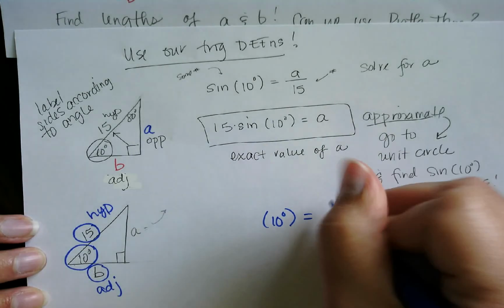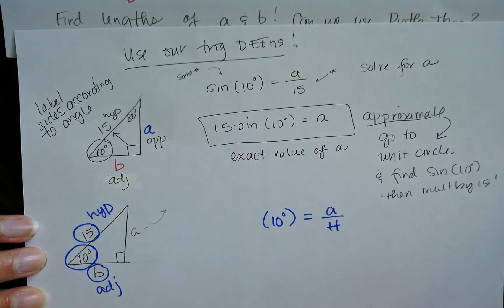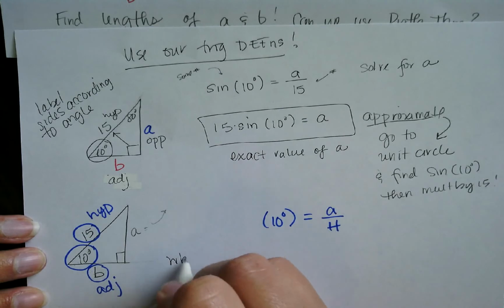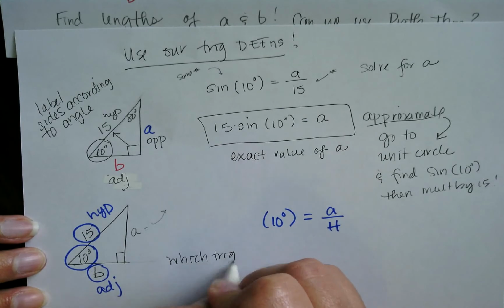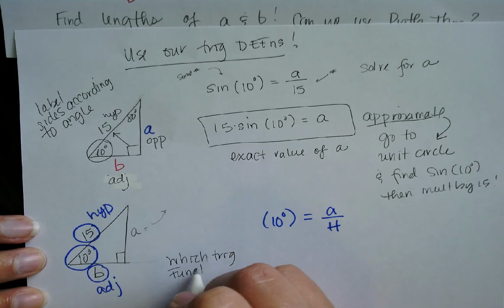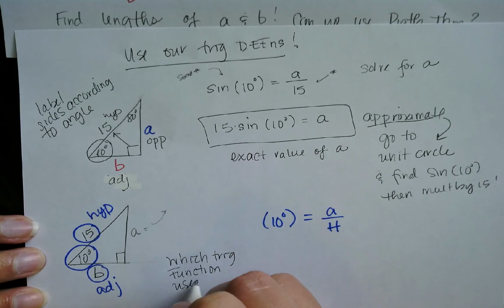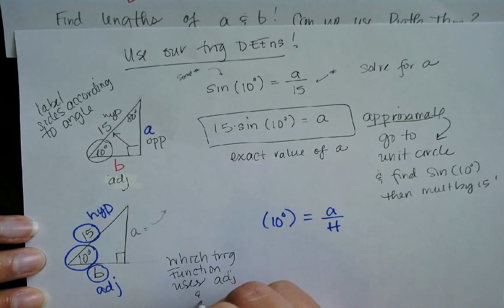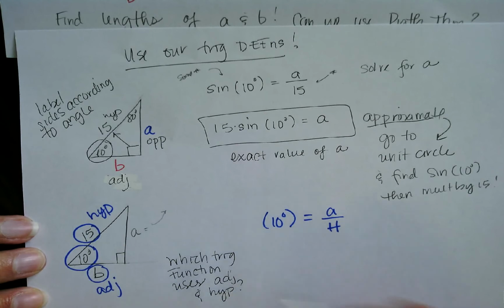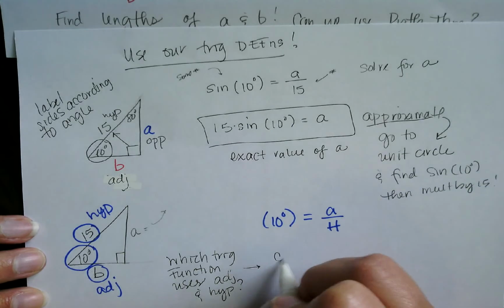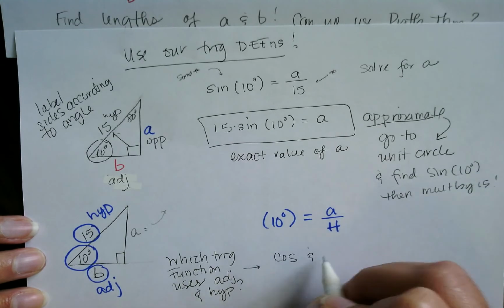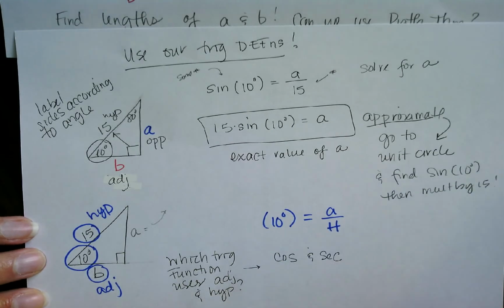What trig function is that? Which trig function uses adjacent and hypotenuse? And somebody's going to answer, there's two, cosine and secant.